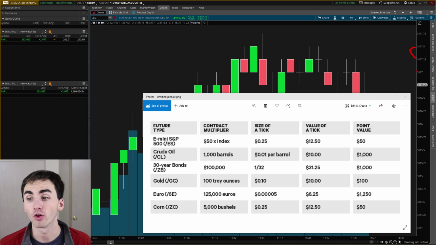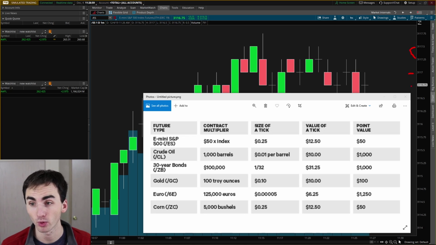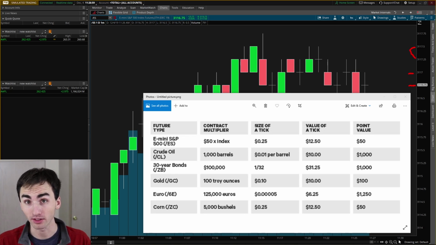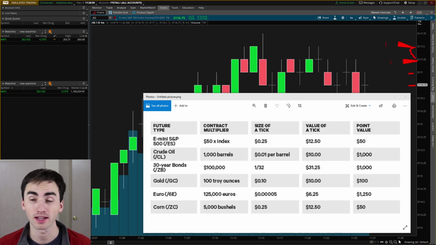So over here on the right side of this chart, there are numbers for every tick point that there is. And that is the only value that you can actually buy into the contract. You have to buy in at 3117, or 3117.25, or 3117.5. You can't buy in or ever get a contract at somewhere in the middle, like 3117.6. It has to be in those tick increments.